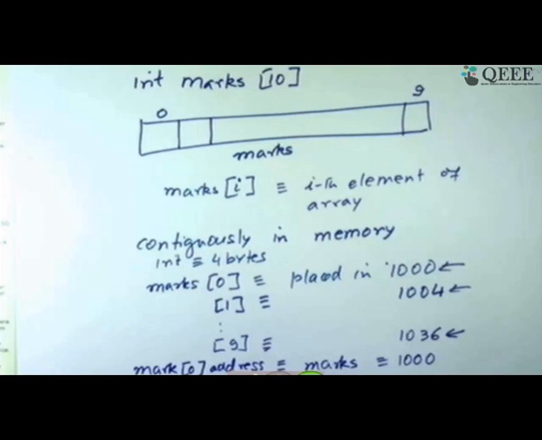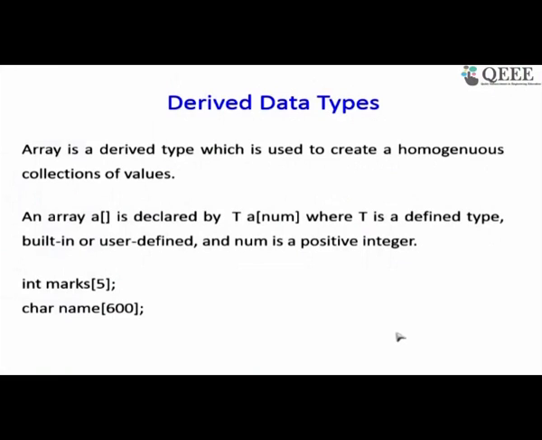What is then just the name of the array, which does not point to any location? It is the starting address of the entire collection, and as we go along, this is what we will call a pointer.